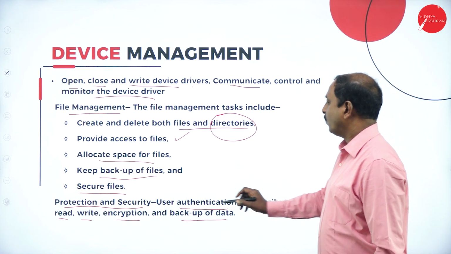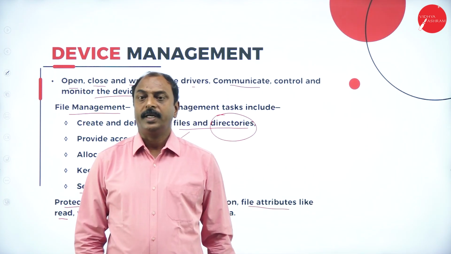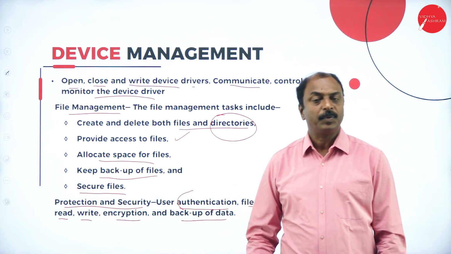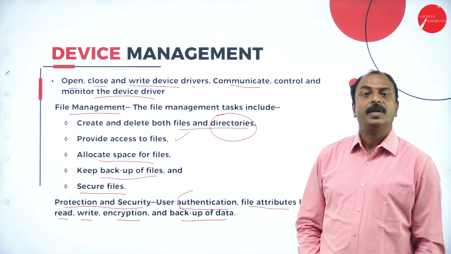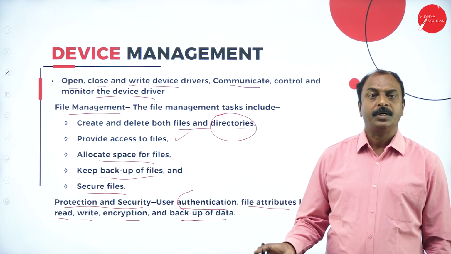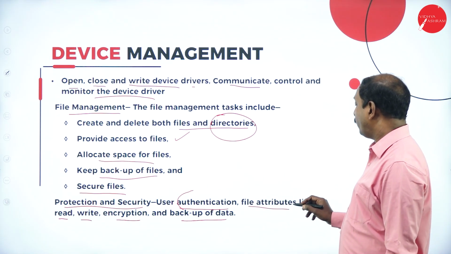So what is authentication? Your username and password to get into a system is a type of authentication. If you are using a laptop or desktop, most of you use a username and password to enter a computer system. That is a type of security. And again, file attributes.